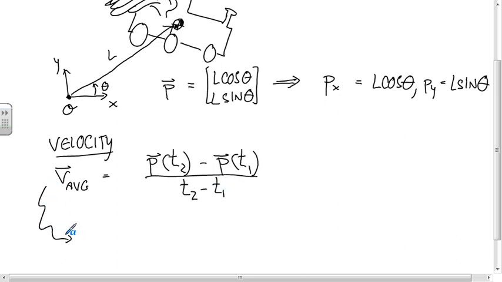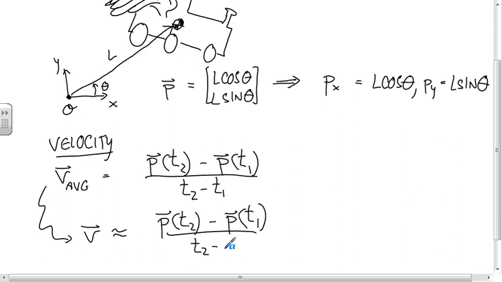And using that definition, you can come up with an approximation for the instantaneous velocity vector as the position at t2 minus the position at t1 divided by t2 minus t1, where t1 and t2 are close to the t that you're interested in. Let's say the desired time.